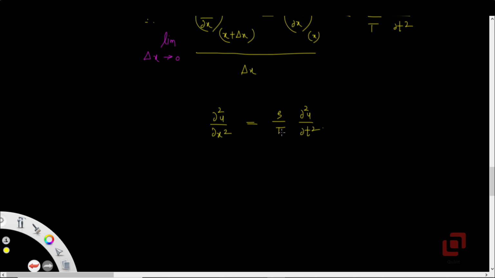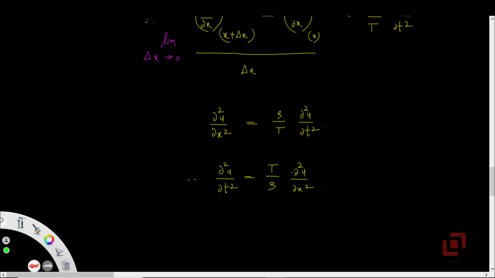Now both the tension in the string as well as the length density, these are constants. We have assumed that the string is homogeneous, so rho is a constant. The convention is that we bring T and rho to the left hand side, or they accompany the derivative of u with respect to x. So we have partial squared u by partial t squared equal to T upon rho partial squared u by partial x squared.